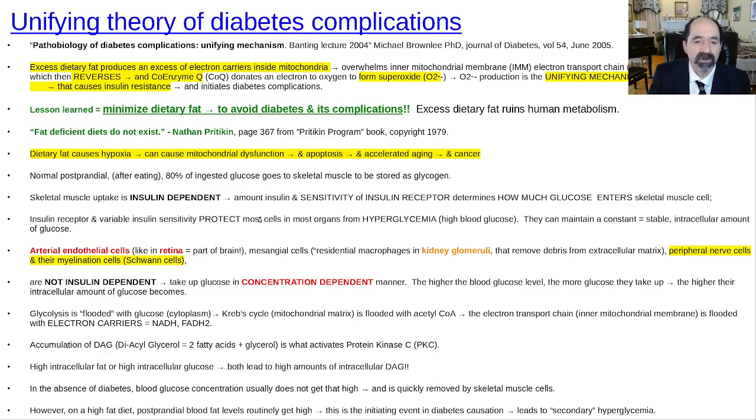And when excessive glucose gets into the cell, so you have intracellular hyperglycemia, those cells will also be overwhelmed in terms of having too many electron carriers going to their electron transport chain. Basically the same thing as when you have excessive dietary fat. But excessive dietary fat is more dangerous, of course, because it gets into the skeletal muscle faster than does the glucose, and it just overwhelms the mitochondrial electron transport chain.